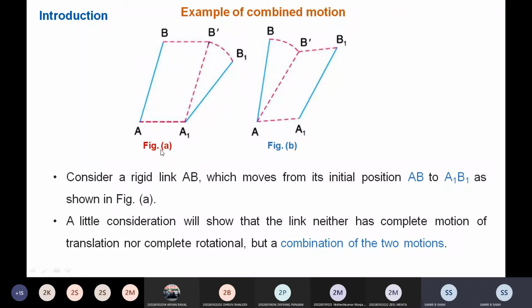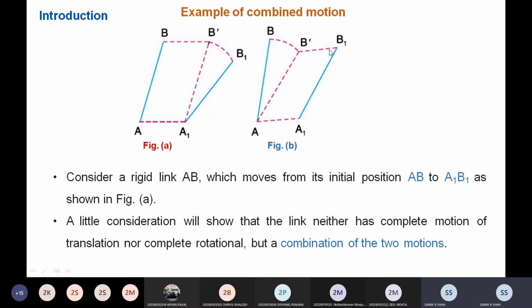You can see here in figure A, where the link AB may initially transfer from its original position. It means the AB position may be transferred to A1B dash, and then it may be rotated.